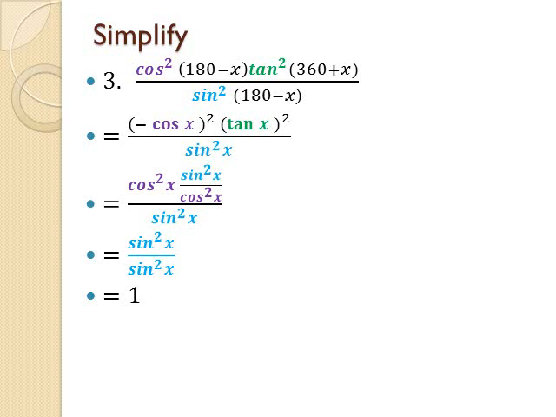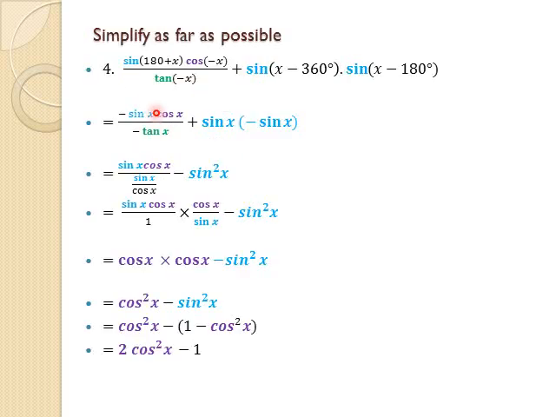Let's look at problem number 4. Right, now I have sine of 180 plus x, cos of negative x, tan of negative x, plus sine of x minus 360 times sine of x minus 180. Alright, so 180 plus x, third quadrant. In the third quadrant, sine is negative, so that becomes negative sine x. Cos of a negative angle falls in the fourth quadrant.